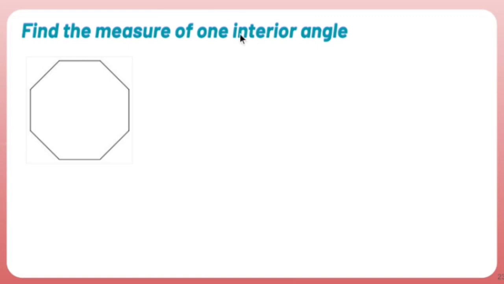Find the measure of one interior angle. We are given a regular 1, 2, 3, 4, 5, 6, 7 octagon. So we are given a regular octagon, where all of the angles are exactly the same. So this is what we have to do first.